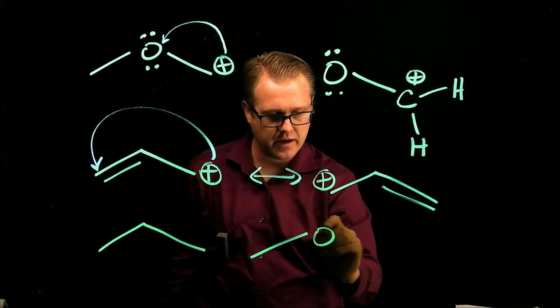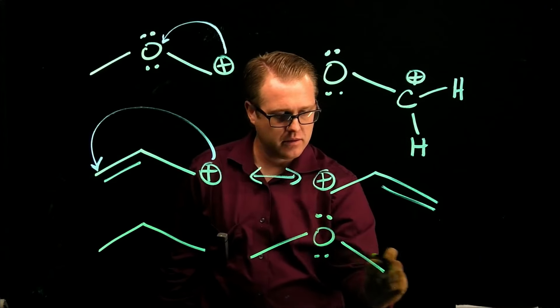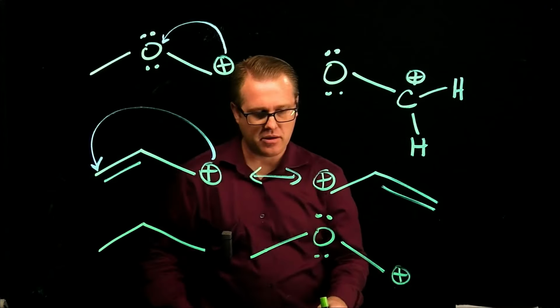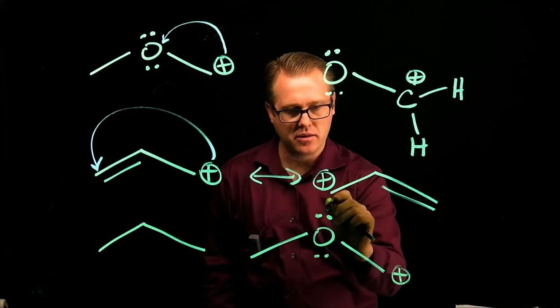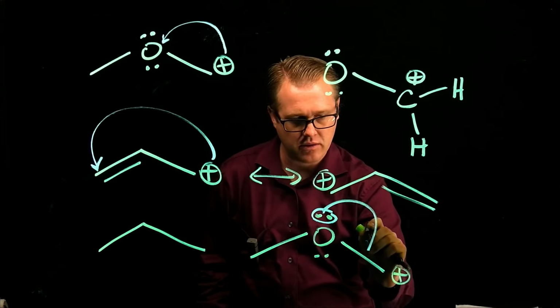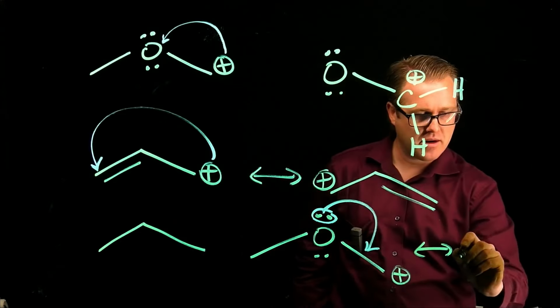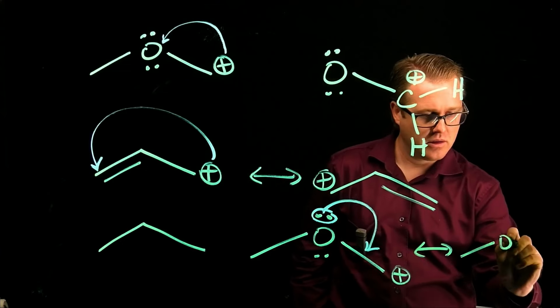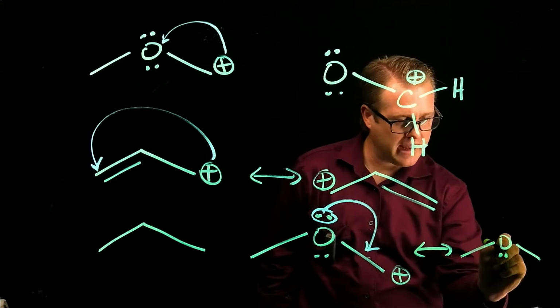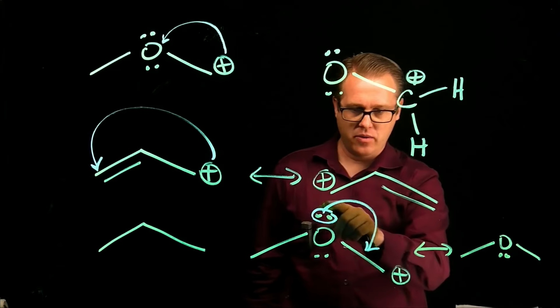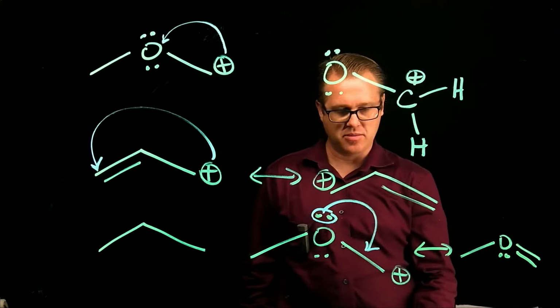let's draw it over here. A more accurate resonance structure here would be the lone pair here coming down, like so. And then we draw a resonance arrow. We did not use that lone pair, so that stays there. We said that lone pair is now going to form a double bond there.